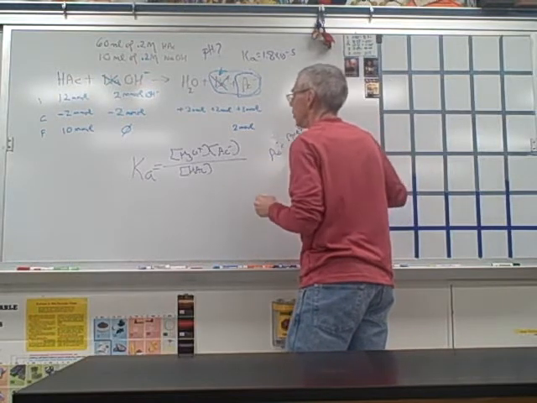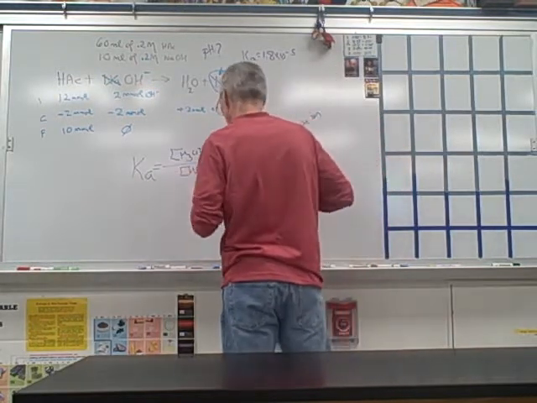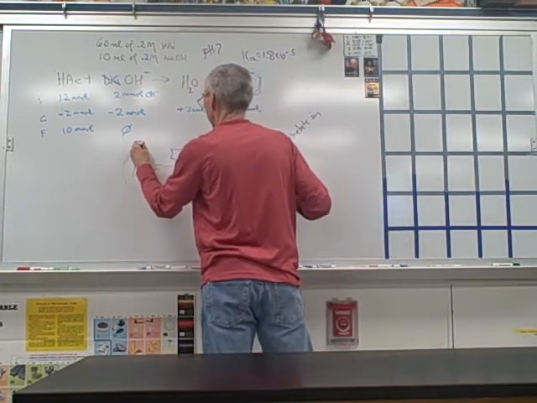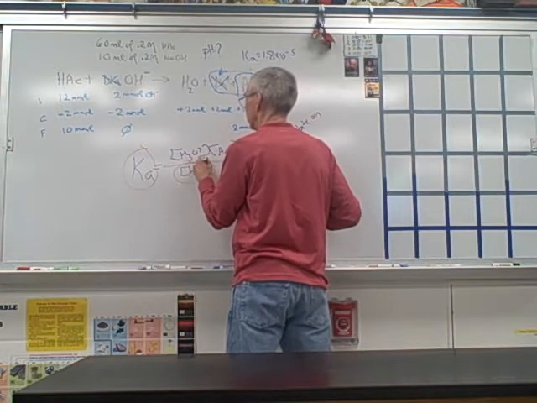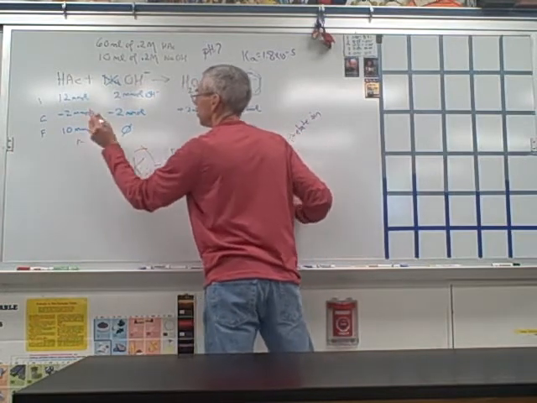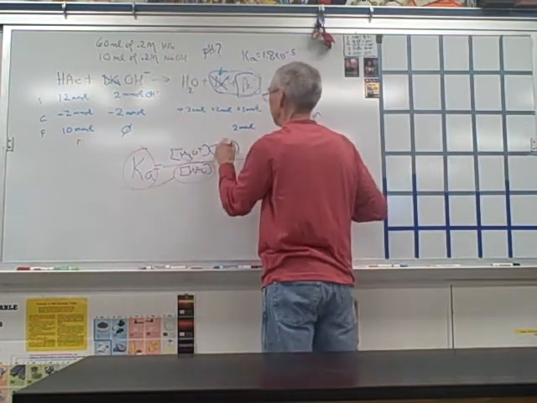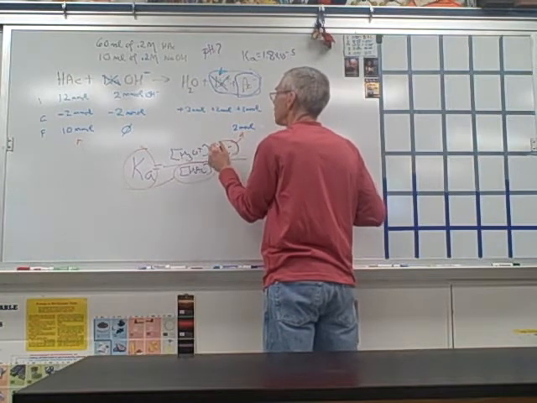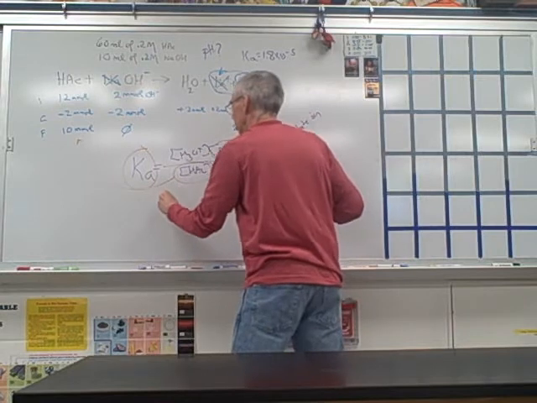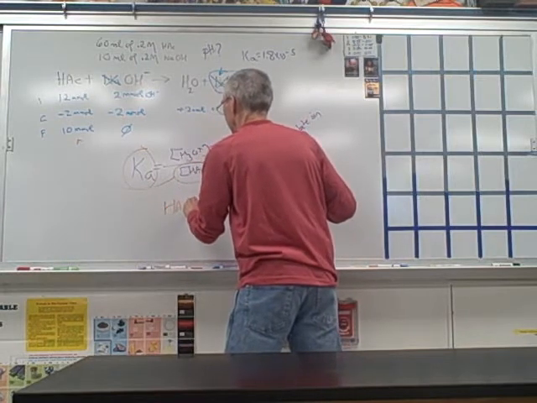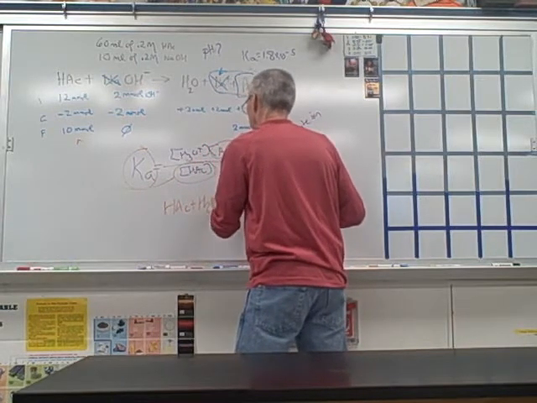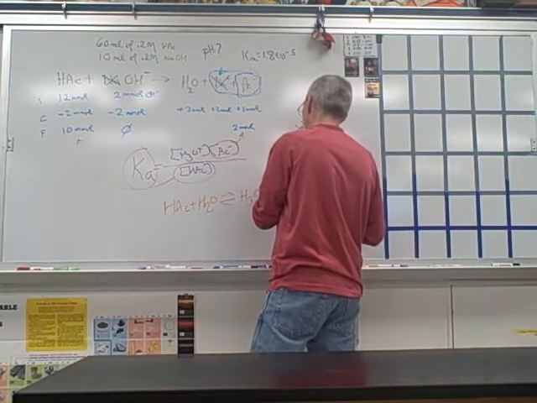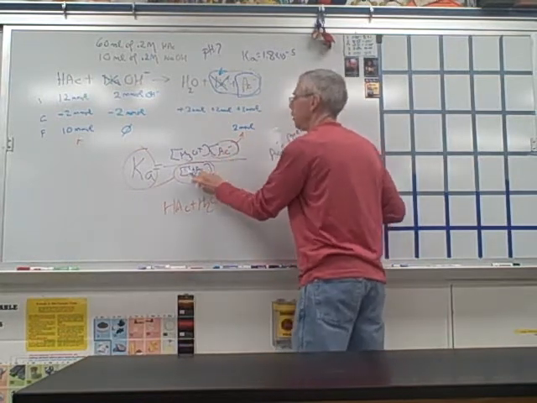We know the Ka, we know concentration HAc once we calculate it based on the new volume. We know the concentration of Ac minus, so that's going to influence the equilibrium, because the equilibrium is HAc plus water in equilibrium with H3O plus and acetate. So both of these are now present.